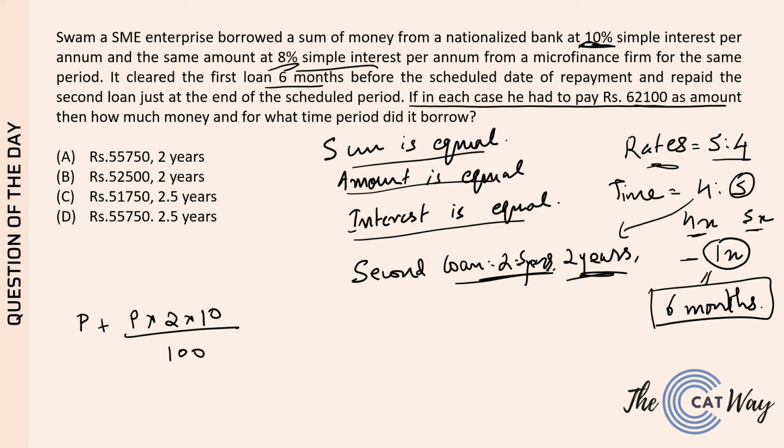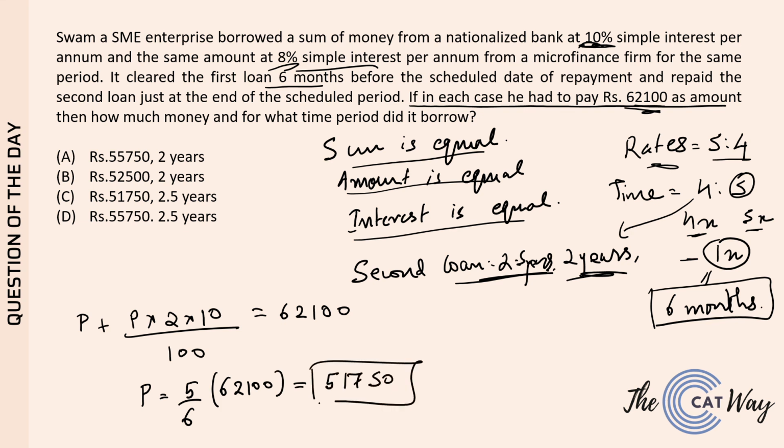This is given equal to the amount, which is 62,100. Upon solving this, we get that P will be equal to 5 by 6 of 62,100, and ultimately P will come out to be 51,750.